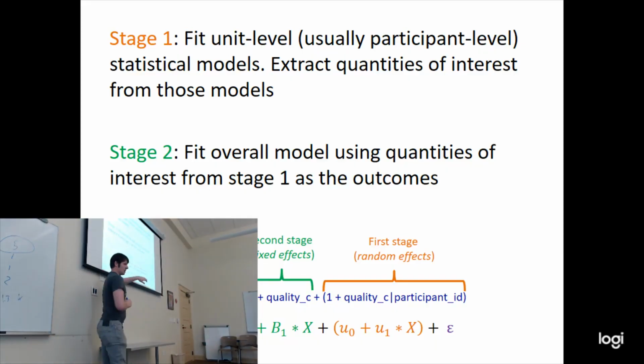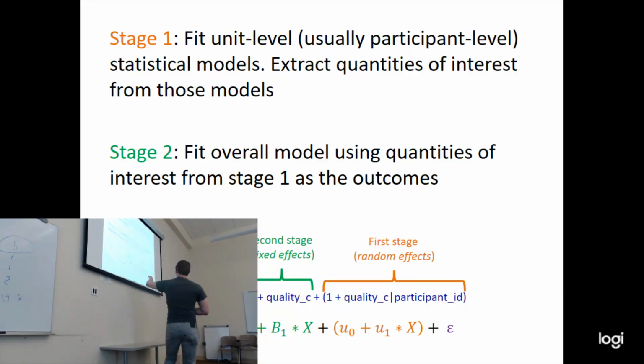In this particular example, we're dealing with a random intercept and a random slope for each reviewer. That's the stuff in orange. I'm using the letters U sub 0 and U sub 1. U just means it's another source of error.